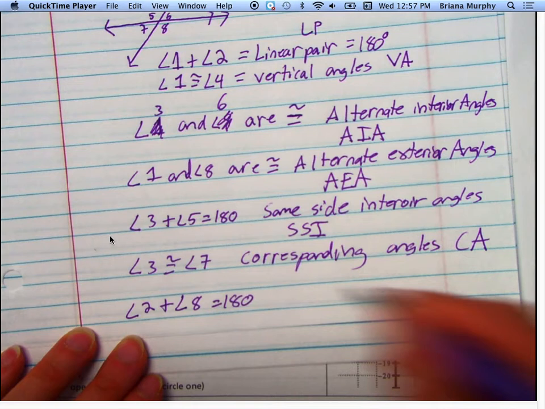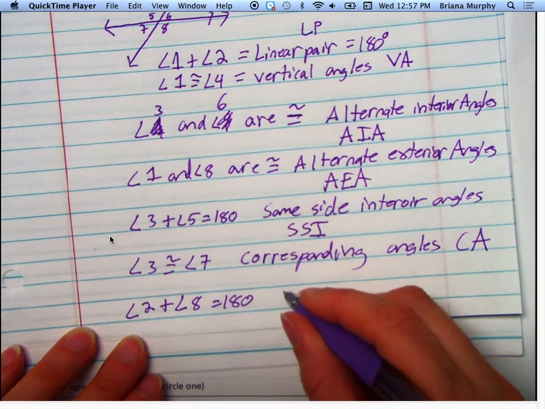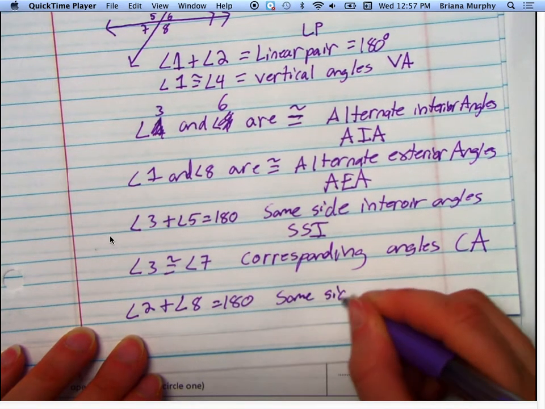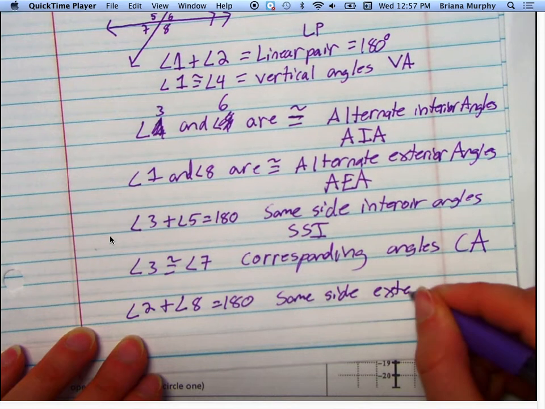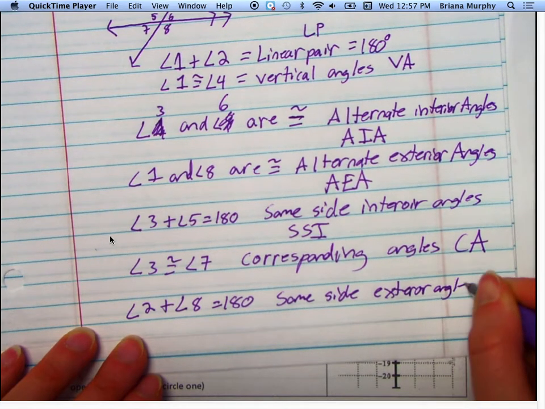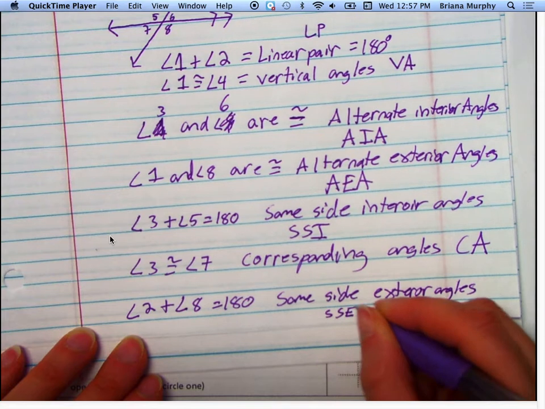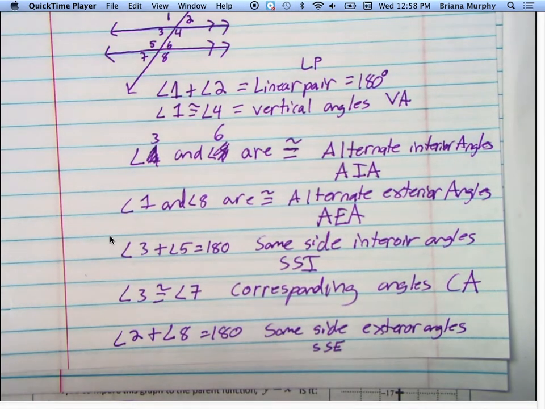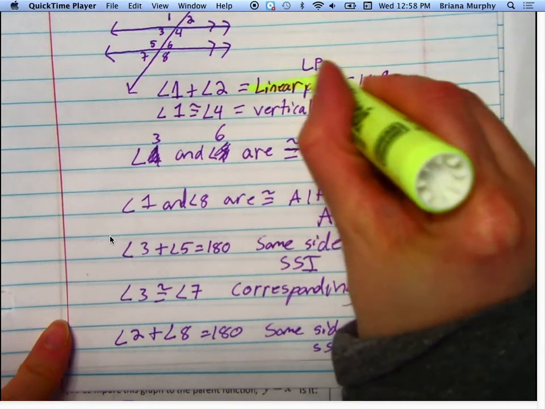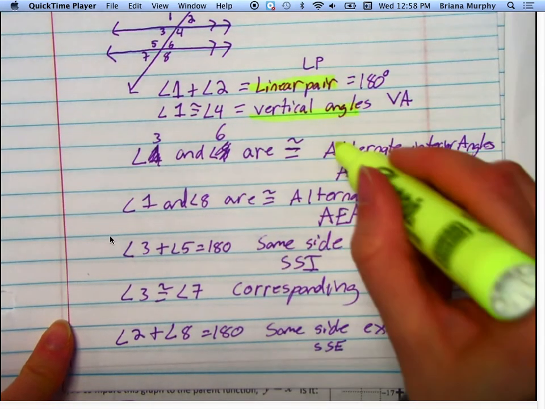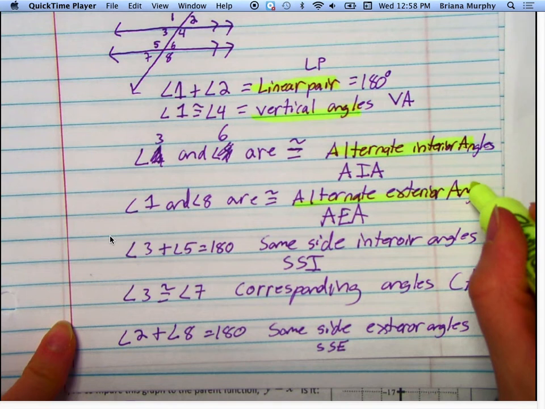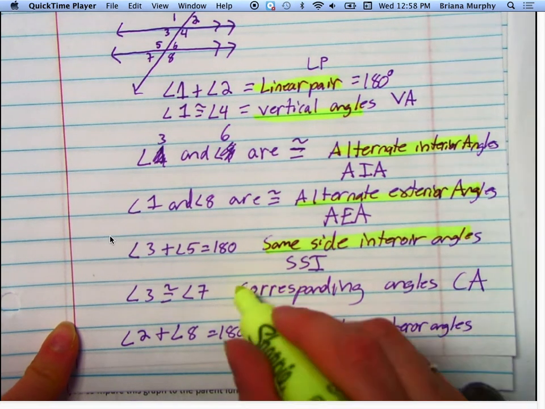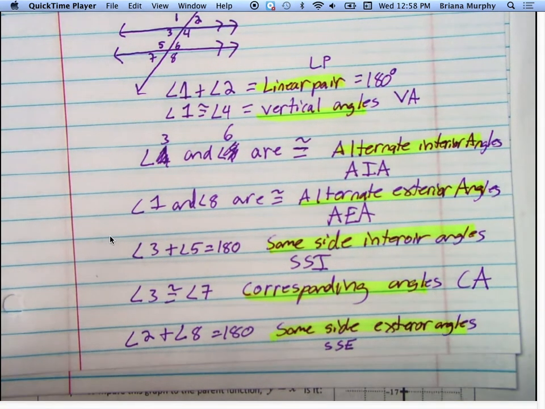They're supplementary and they're called same side exterior angles, or SSE. Okay, so we've got these new words that we've talked about. We've got linear pair, vertical angles, alternate interior angles, alternate exterior angles, same side interior, corresponding, and same side exterior.